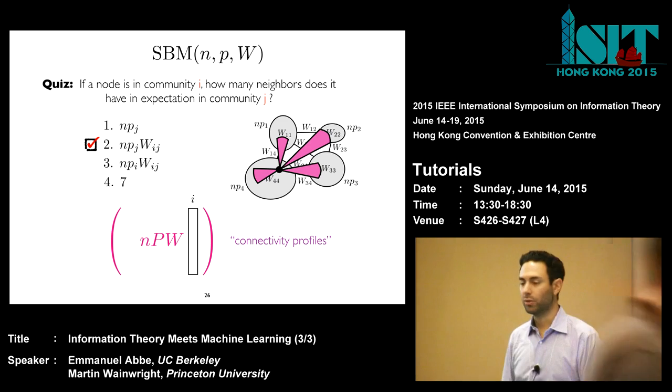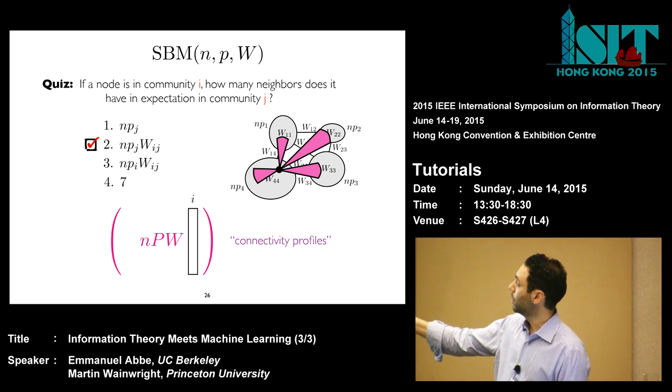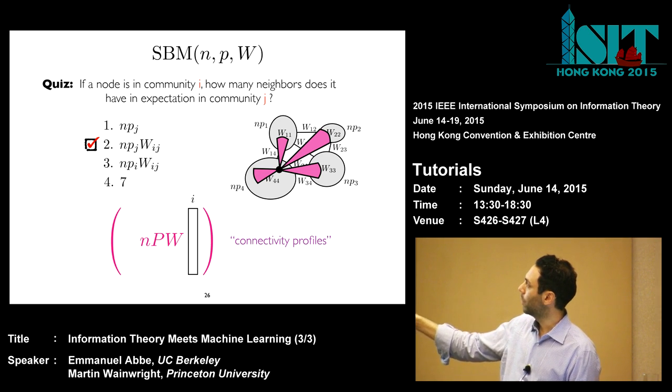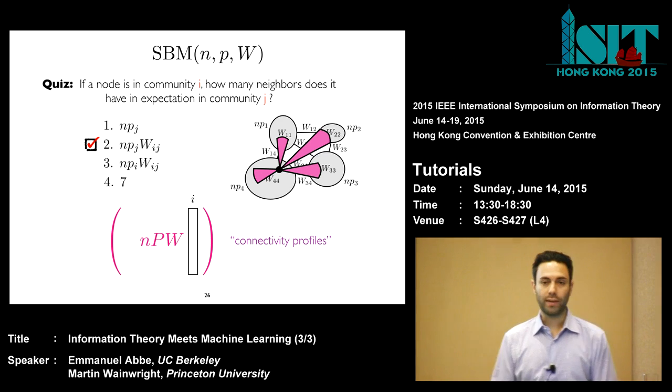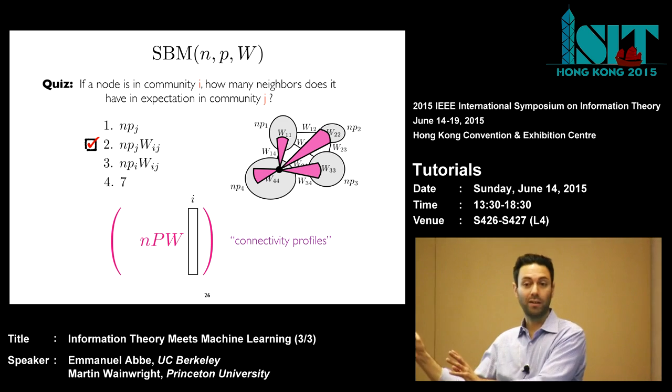So that's what's sometimes called the connectivity profile. If a node is in community 4, this column tells you how many nodes it has in community 1, 2, 3, 4 in expectation. If you think in terms of channel coding, this is a bit like your channel.